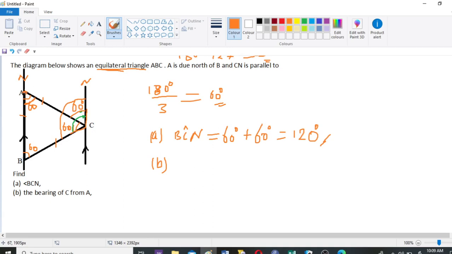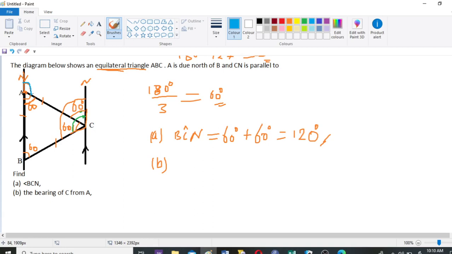We need to draw a north line, which we already have, this one. So this is our starting line. From A north, following it until I find the line which is stretching from A to C. From here up to there, this is the line.